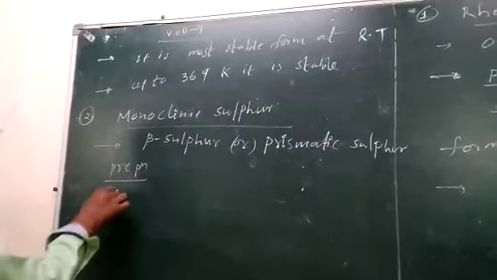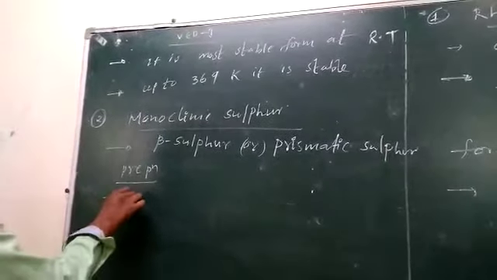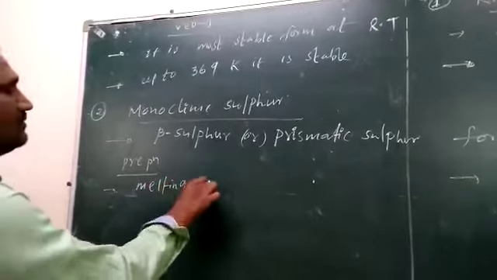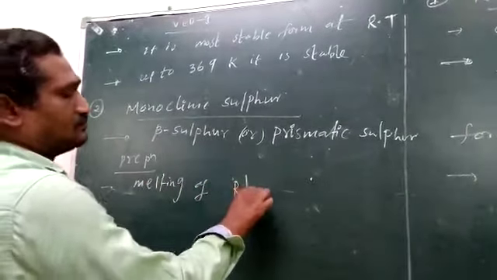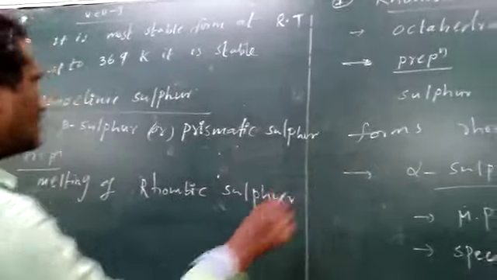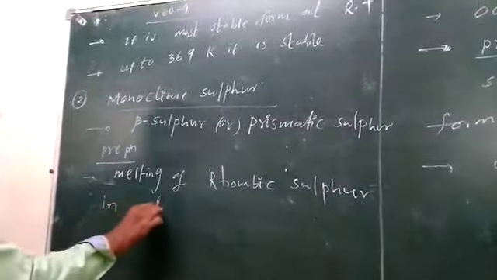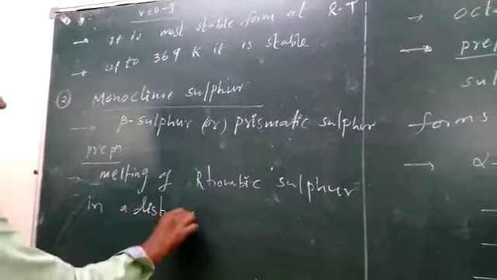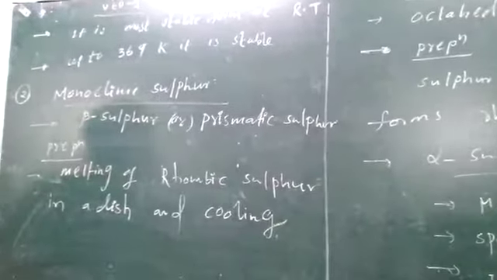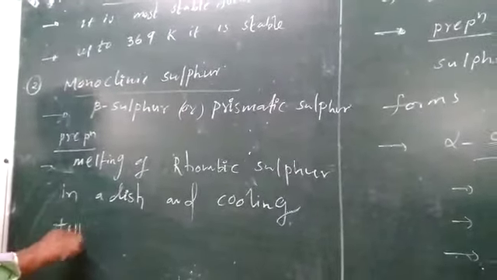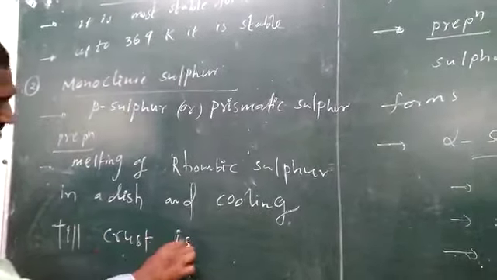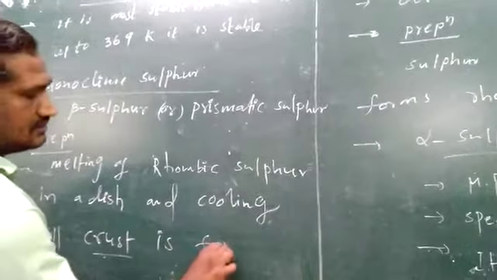Melting of rhombic sulfur in a dish and cooling till a crust is formed.